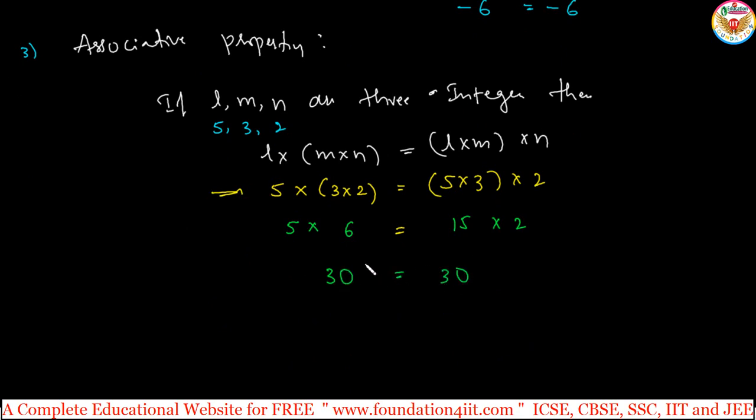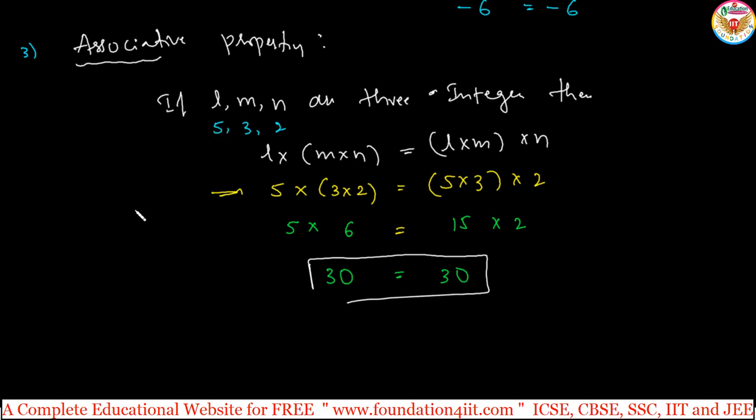It exists, we got the same. So if L, M, N are three integers, then L into (M into N) is equal to (L into M) into N. The associative property exists here.